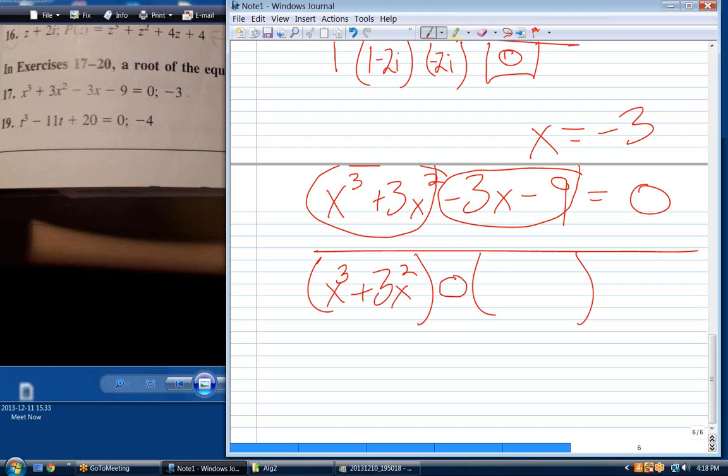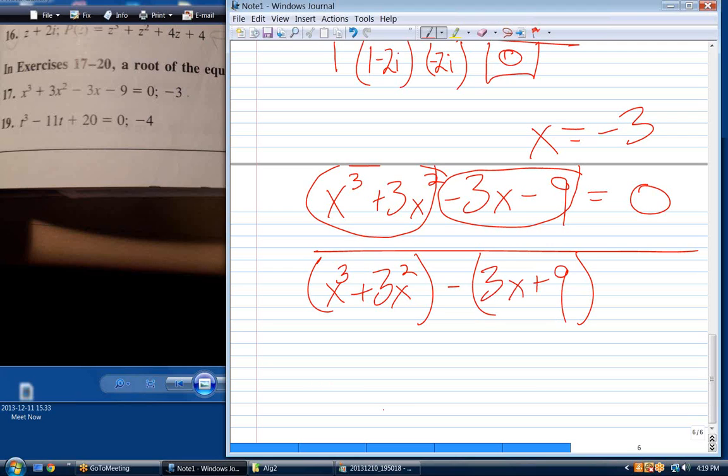Okay, so you put in a negative. Correct. And then you would put in 3x. 3x plus 9. Oh, look, I remember things.